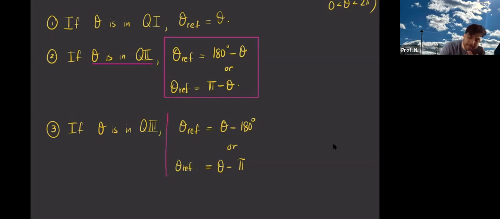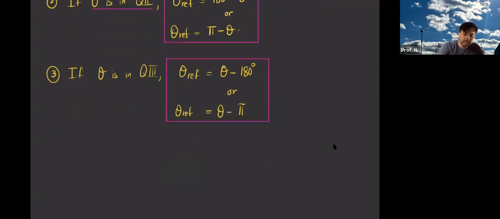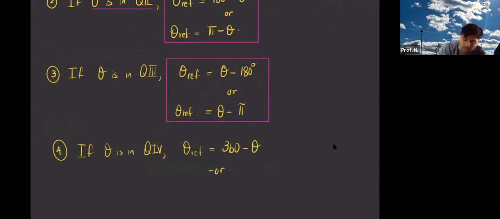And then lastly, if theta is in quadrant 4, then the reference angle is going to be found by subtracting theta from 360, or the reference angle is 2 pi minus theta.